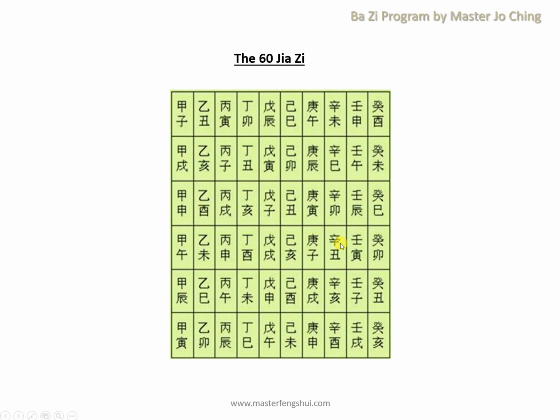Then followed by 2021, which is a Xin Chou year. It's a metal ox year. So it keeps on going. Okay, flow this way. So when you hit the last one, you will go back to reset the entire 60 pillar cycle.